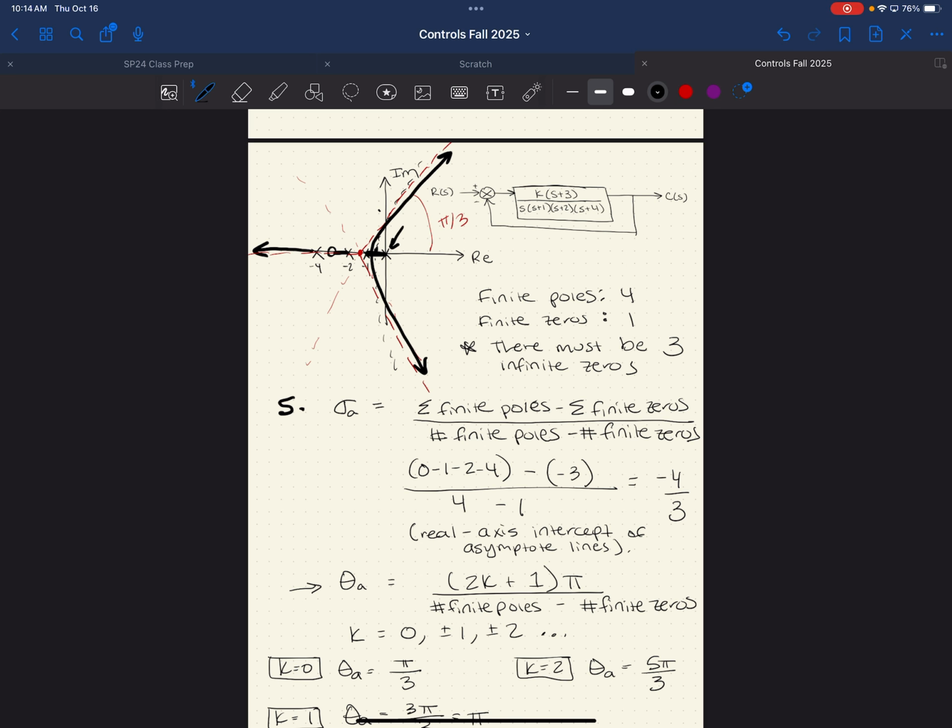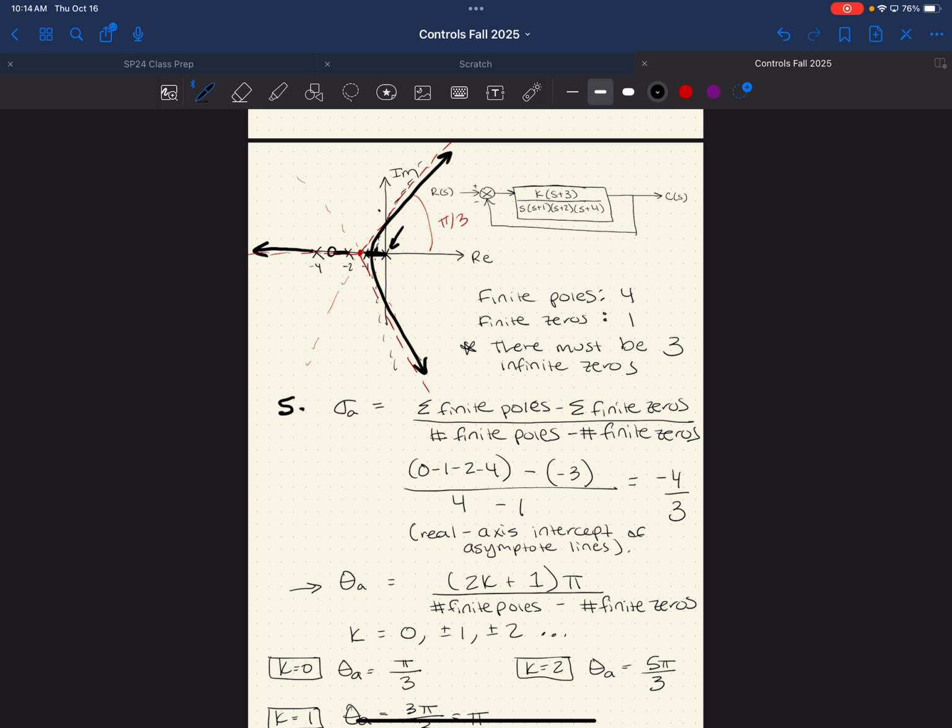It's usually the first one because we're usually talking about proper systems where the denominator has a higher degree or higher power, which means that there are more poles than zeros. If there are more zeros than poles, it goes back to what Nadal was saying about how you will end up with the opposite being true.